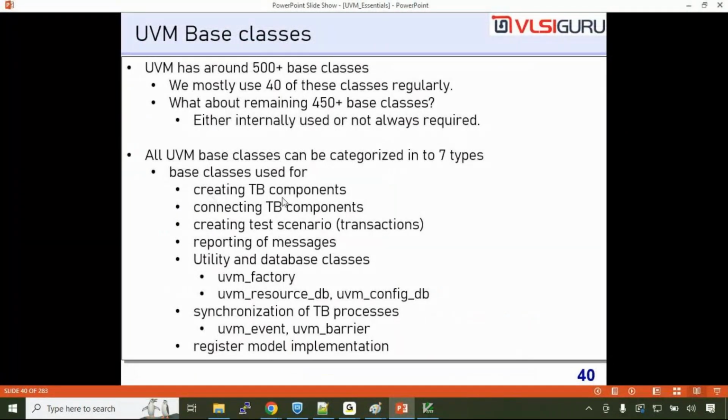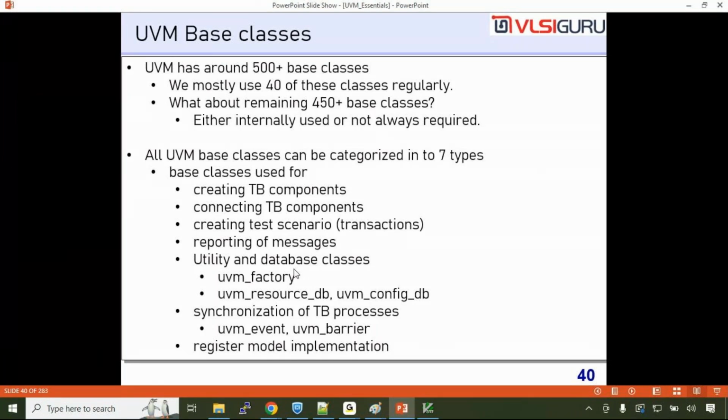Creating test bench components, connecting test bench components, creating the scenario, reporting of messages. Then the next category is what? Utility and database classes. These classes are like, you remember in SystemVerilog we created class mem_common, where we kept all the common variables. You remember, right?